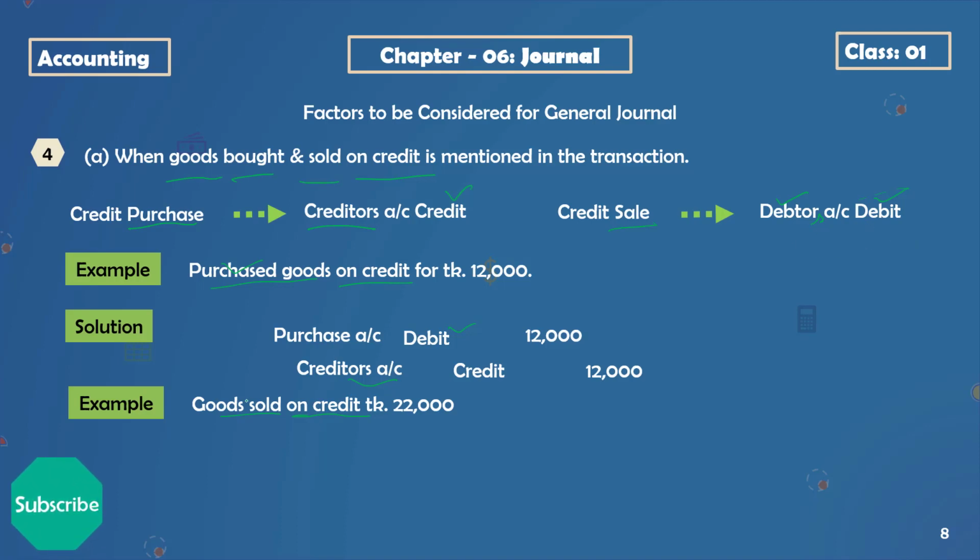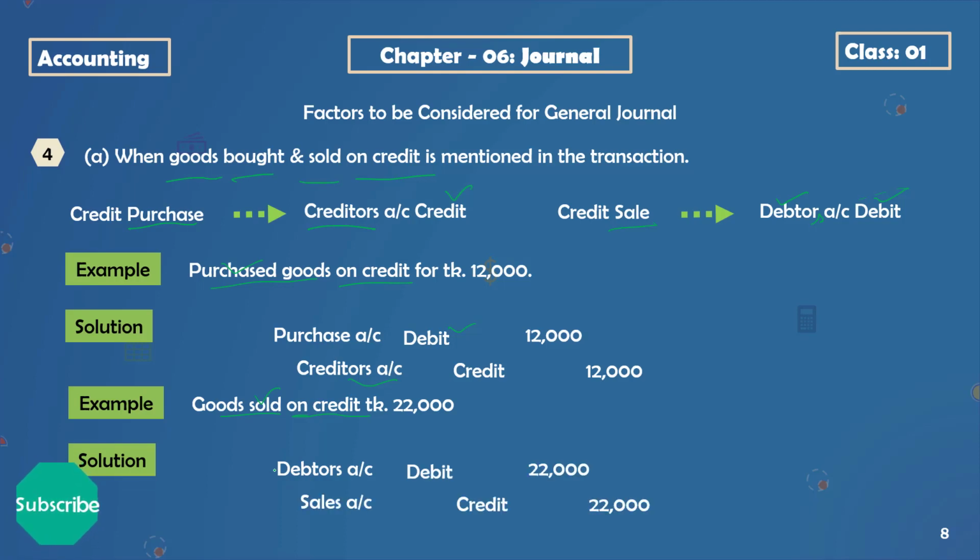And for sales account, you have to write sales account credit, because sales account is a revenue account. Okay, so here is the journal. Debtors account debit, sales account credit. For credit sales, you have to write debtors account debit, and for sales, you have to write sales account credit. Okay, all right.